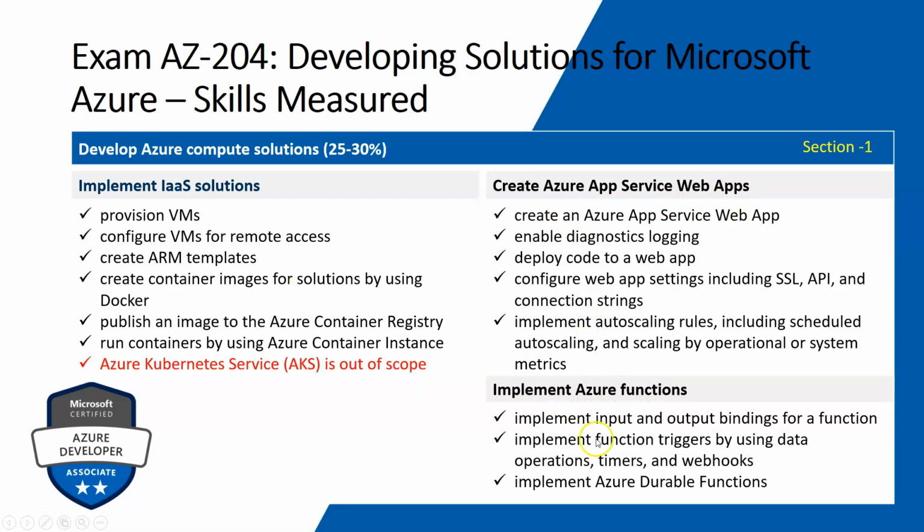So these three concepts cover 25 to 30% of the exam. If we talk about more in detail, then we'll work on virtual machines, Azure containers, Azure web applications, deployment, and Azure Functions.